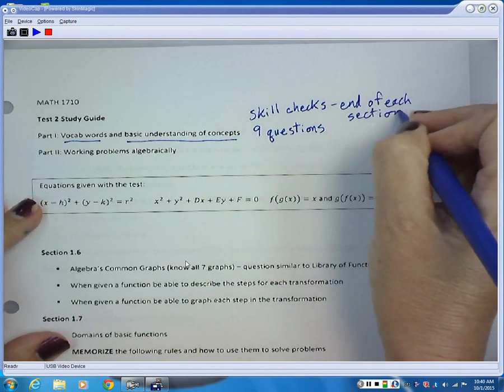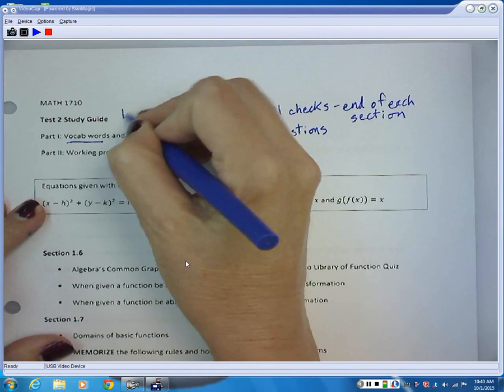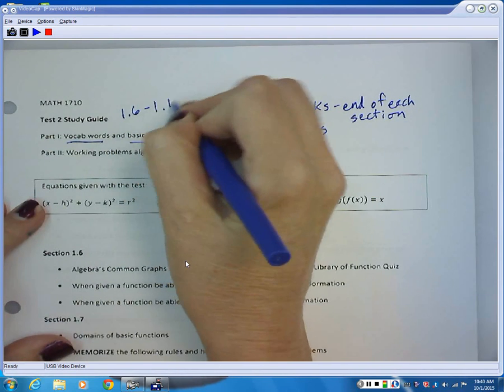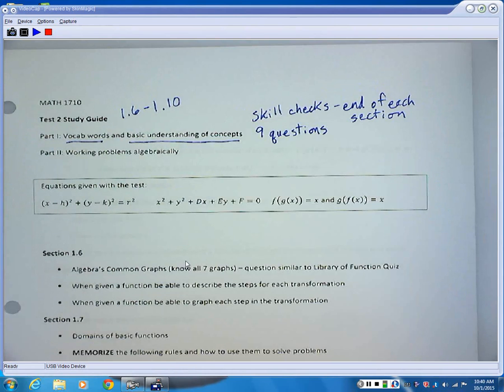Of course, this test is over sections 1.6 through 1.10. Making sure you can see it all. Okay. All right. Any questions on that? All right.